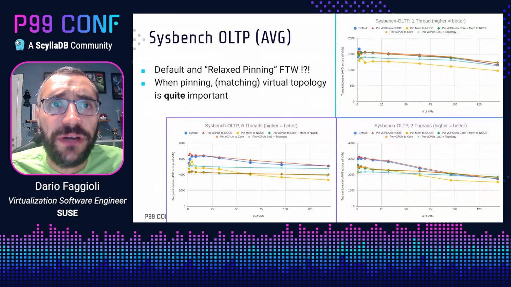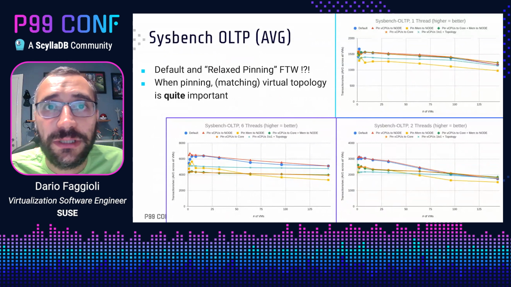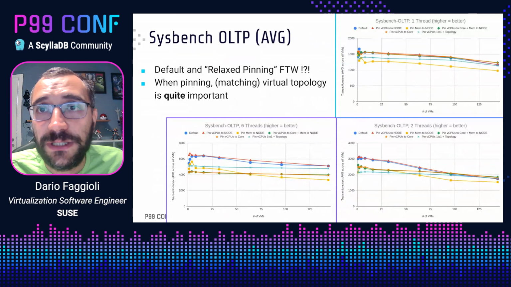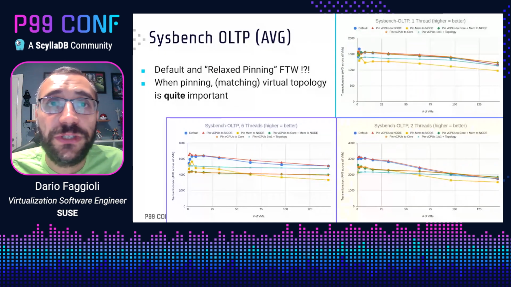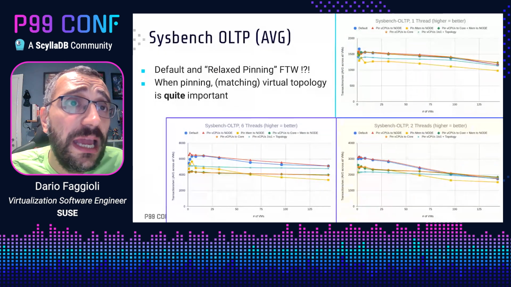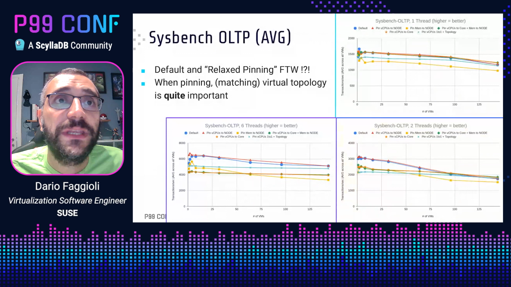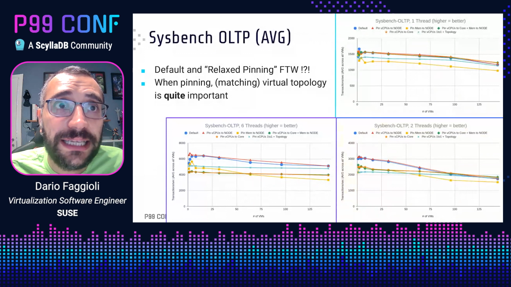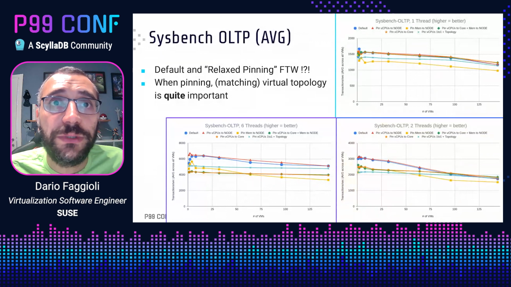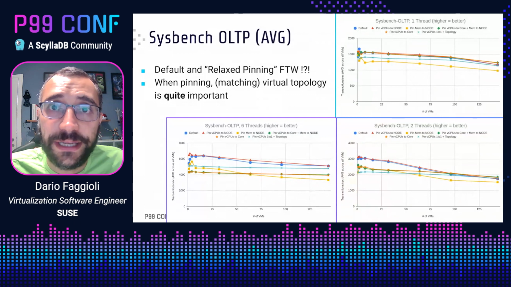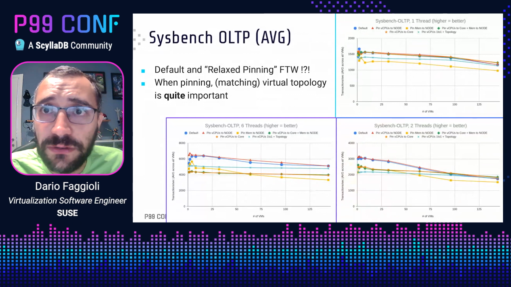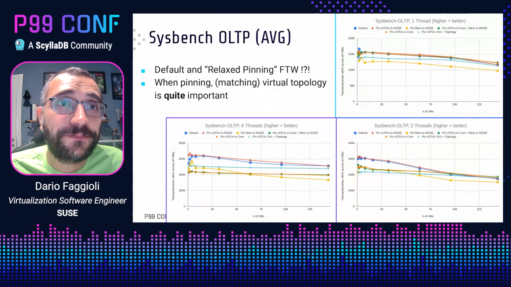This is probably due to the fact that the benchmark does not keep all the vCPUs of all the VMs always busy all the time, like Sysbench CPU does, not even with 6 threads. And apparently leaving to the host scheduler some leeway for moving the vCPUs around is better in this case. And also the fact that default is similar to pin vCPUs to node seems to suggest that it does a decent job at that, even without any tuning hints from us.